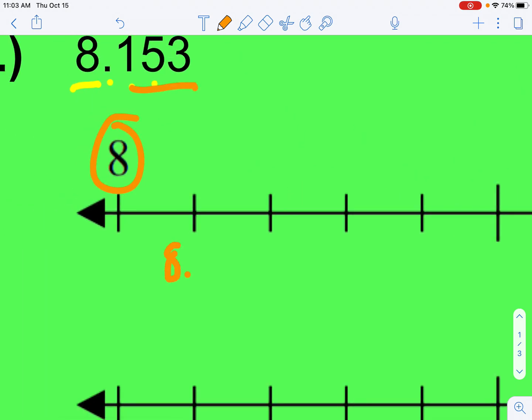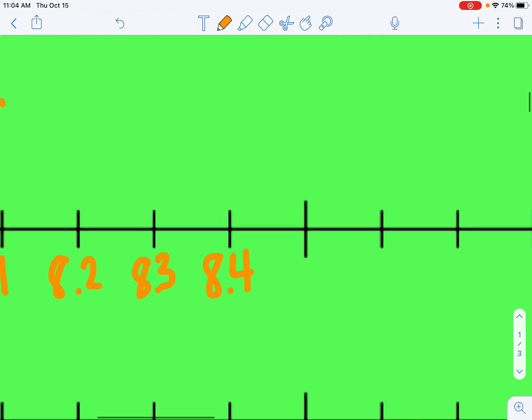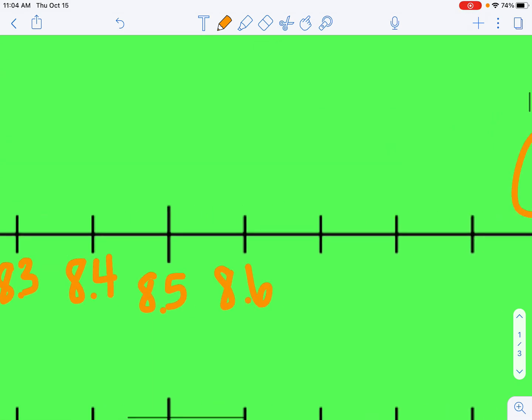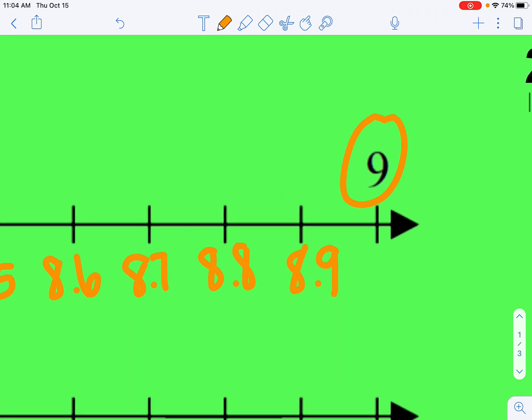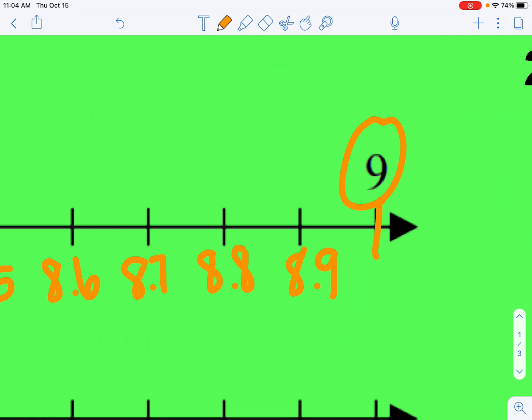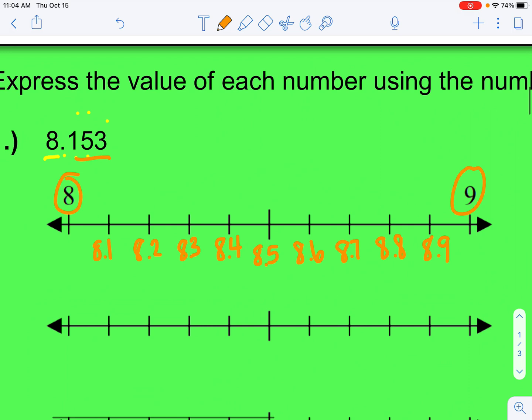So we're going to split this up into 8 and 1/10, 8 and 2/10, 8 and 3/10, 8 and 4/10, and so on, all the way until we get to 9. 8 and 6/10, 8 and 7/10, 8 and 9/10, and then our last one is 9, and they already have it written for us, so you don't need to write anything.